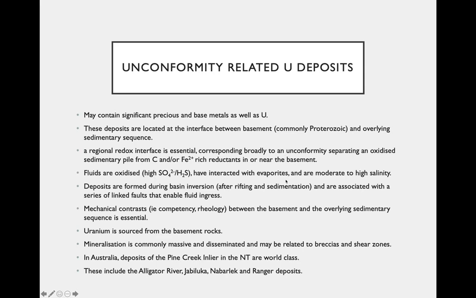So the fluids are oxidized as they've interacted with evaporites with high salinity, and what happens is we have a basin inversion. So we compress it, we might expose components of it, and we have faults that enable fluid to migrate.